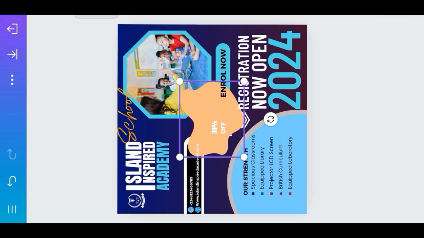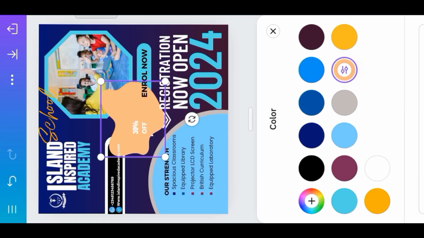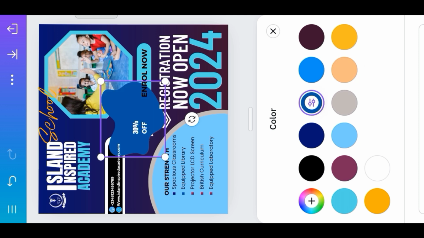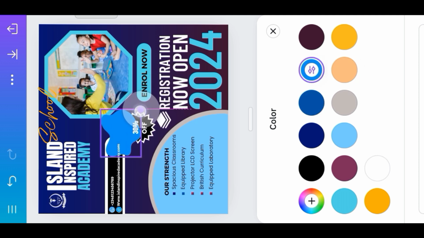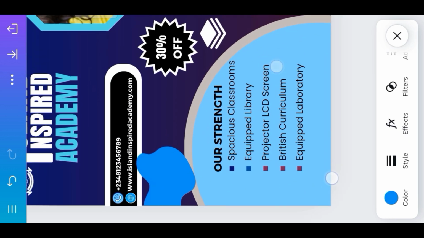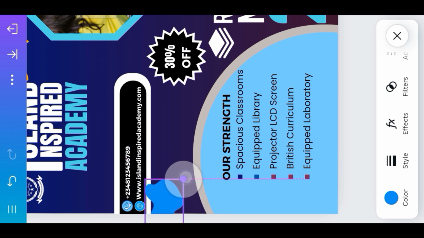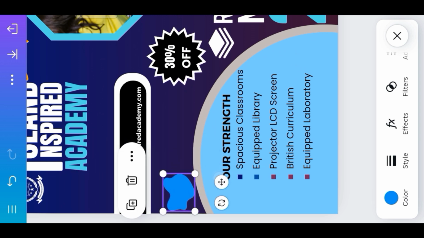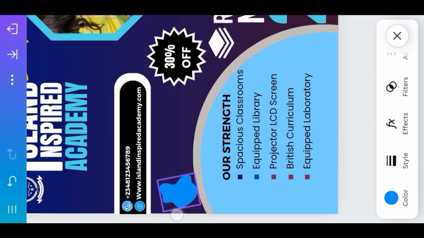Then I will need to change the color of the blobs to, let me see, this. Okay. Then I will need to reduce it as in the size. I want to fix it somewhere here. Then I will rotate it.